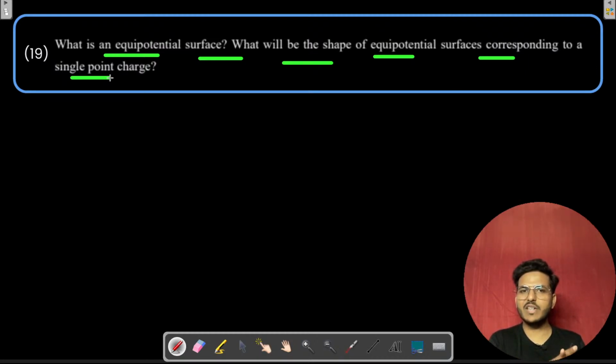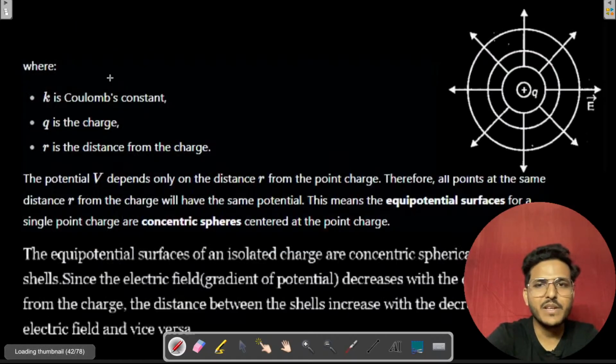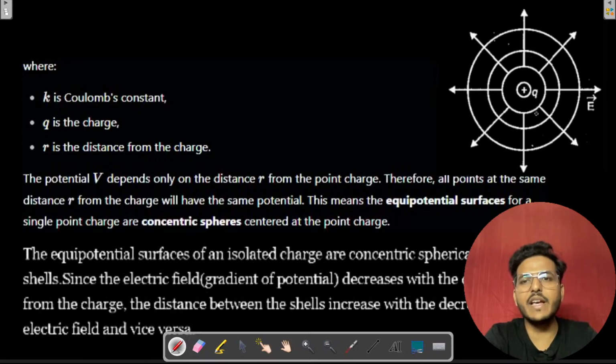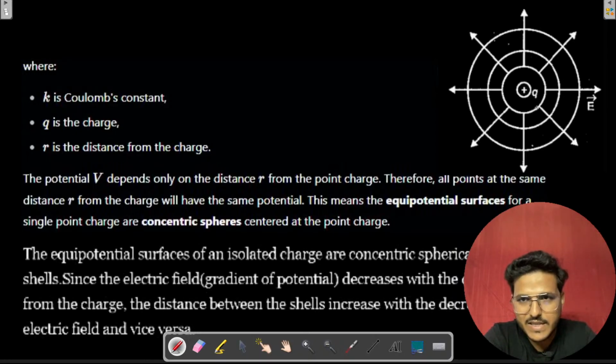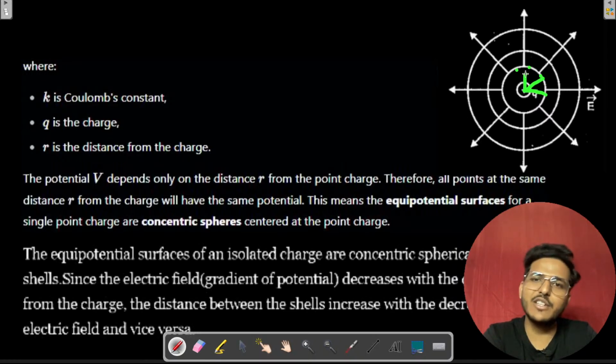And what is the shape of the equipotential surface? This is how an equipotential surface is shown. This is positive Q and the electric field lines are outward. So these circular curves show the equipotential surface. Here the potential is the same, here the potential is the same, because we find V equals KQ upon R. For each of these points, R is the same, K is constant and Q is constant.